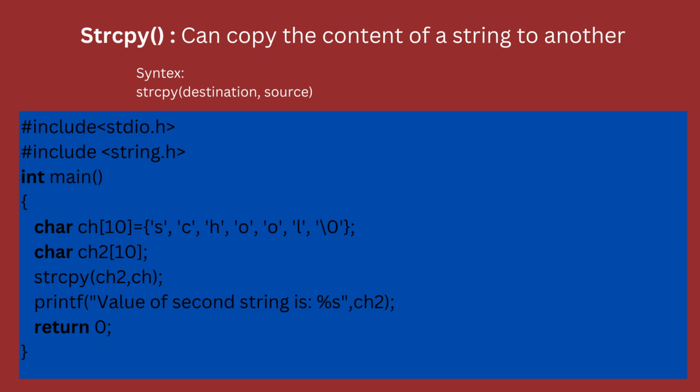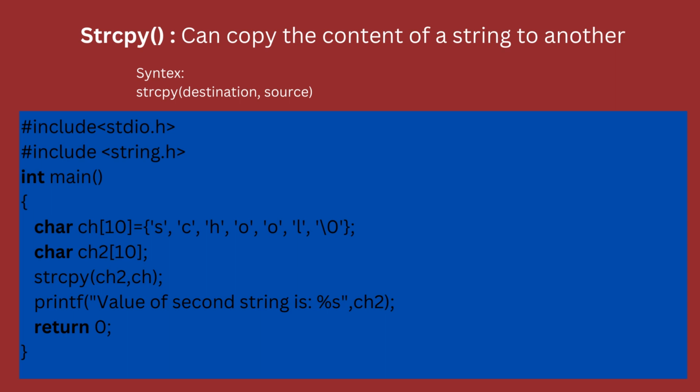So we use the strcpy function, in which we have to pass two parameters. The first parameter is the destination, where we want to copy, and the second is the source array. So it's strcpy destination and source. Let's move to the program.